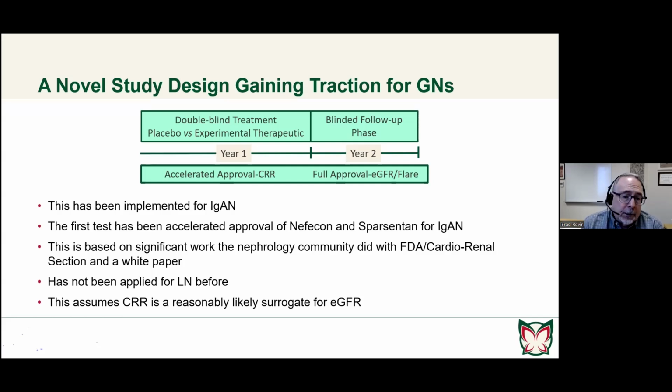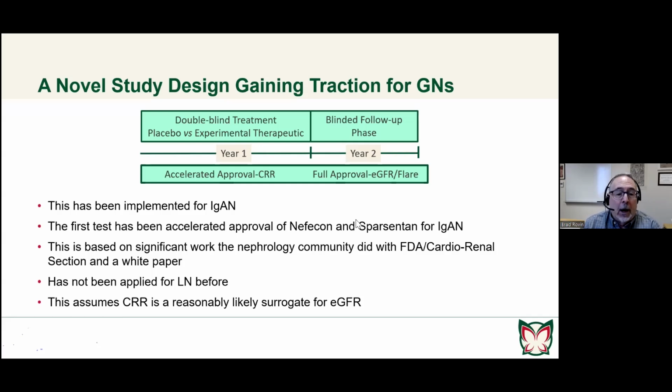In lupus, I would suggest we would base an accelerated approval on the CRR rate, and then we have a blinded follow-up period for another year in which full approval of the drug is based on a significant improvement in the decline of GFR over time, or GFR slope.